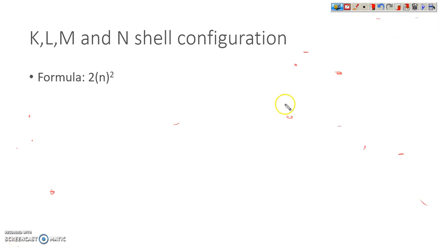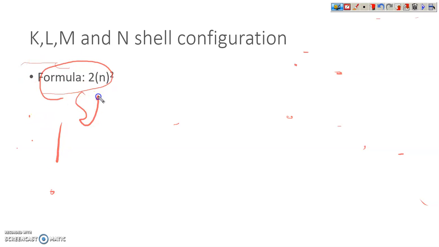To know about bonding, you should know about electron shell configuration. To find the number of electrons in any orbit, the formula is 2n squared, where n is the number of the orbit.